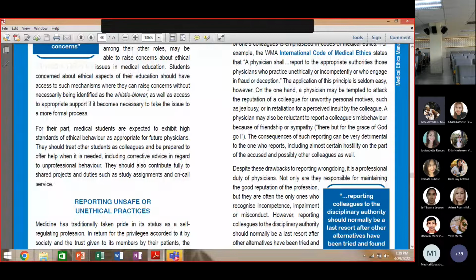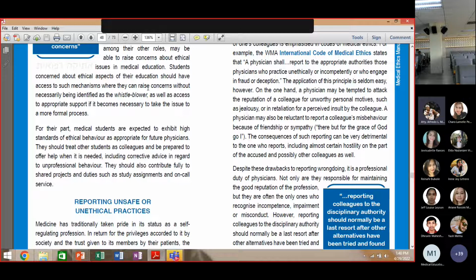They should treat other students as colleagues and be prepared to offer help when it is needed, including corrective advice in regard to unprofessional behavior. They should also contribute fully to shared projects and duties such as study assignments and on-call service.